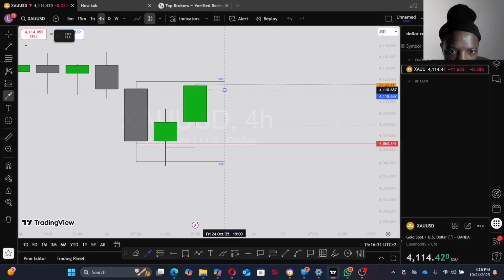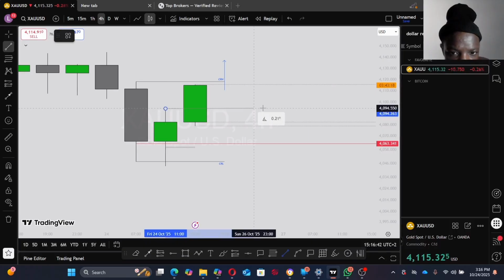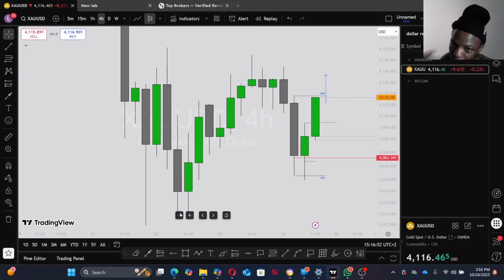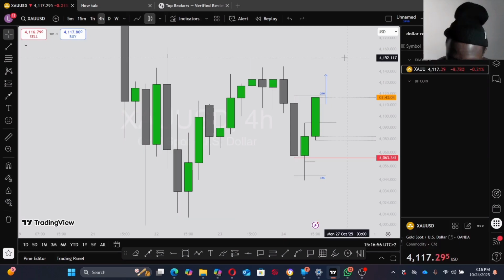Once the market manipulates this high, we're going to look at how it closes above the high of this candlestick. If the market manages to close above the high of this candlestick, then we're going to look for further buying opportunities. But this is basically job done for the week.